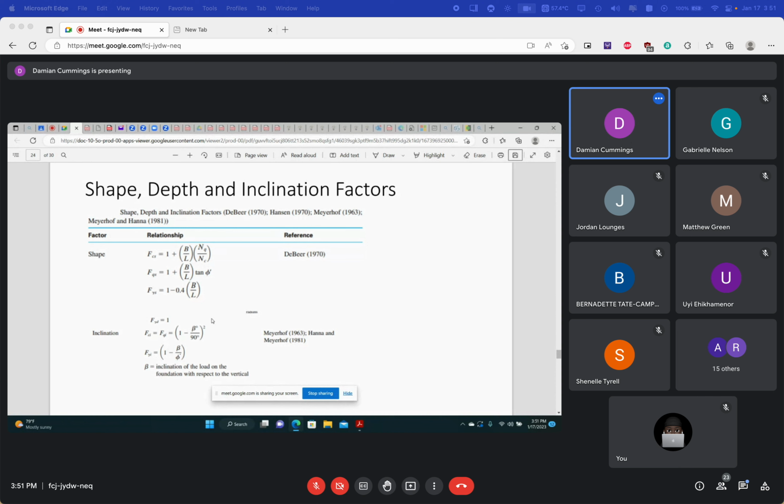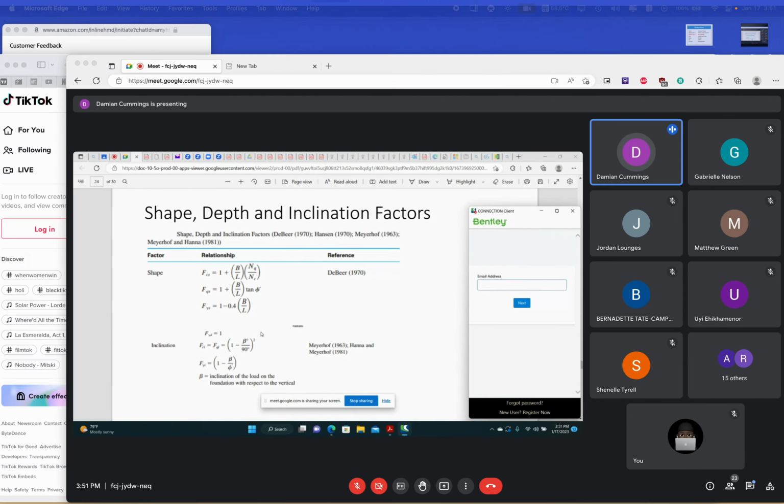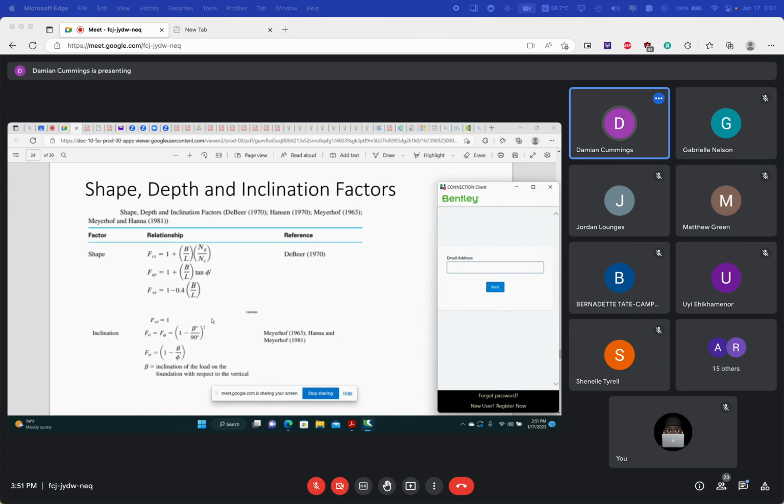We have Fci, which is equal to Fqi, which is equal to 1 minus beta over 90 degrees, squared.